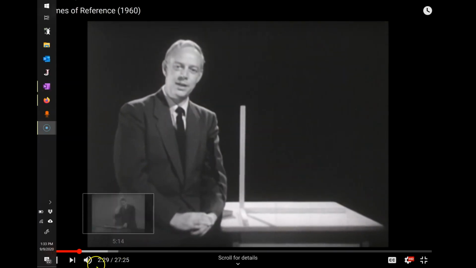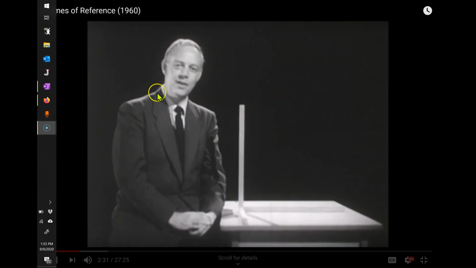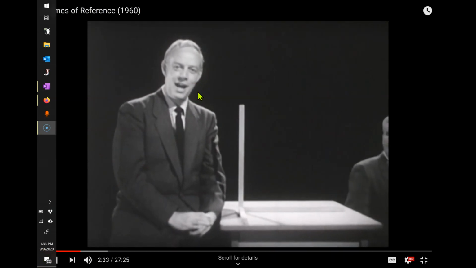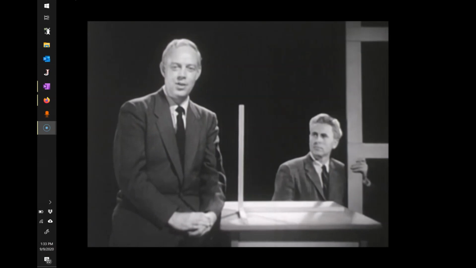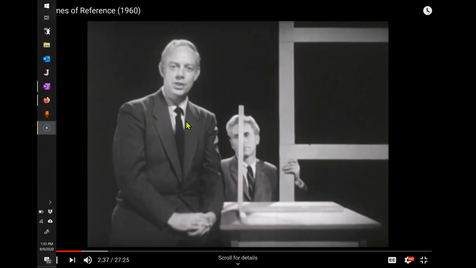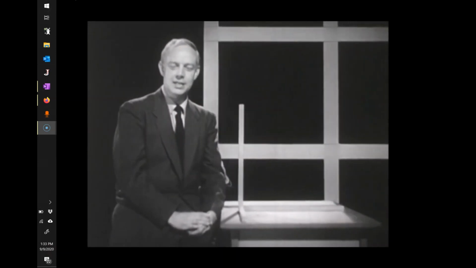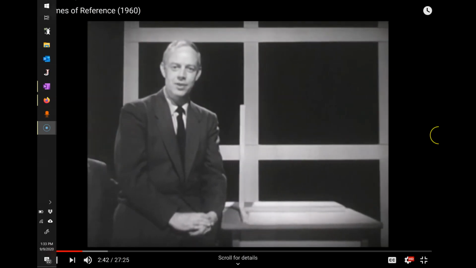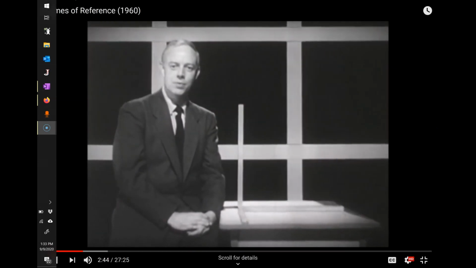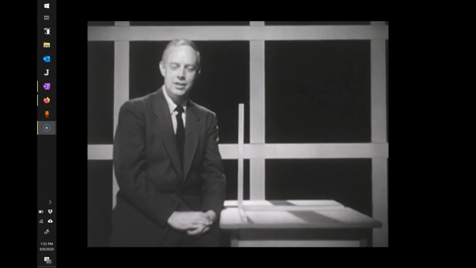Now the wall has disappeared and you have no way of telling whether I am moving or not. But now you know that I'm moving. The point of this is that all motion is relative. In both cases, I was moving relative to the wall, and the wall was moving relative to me.